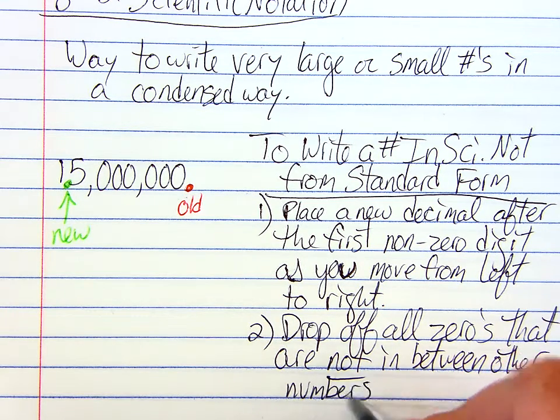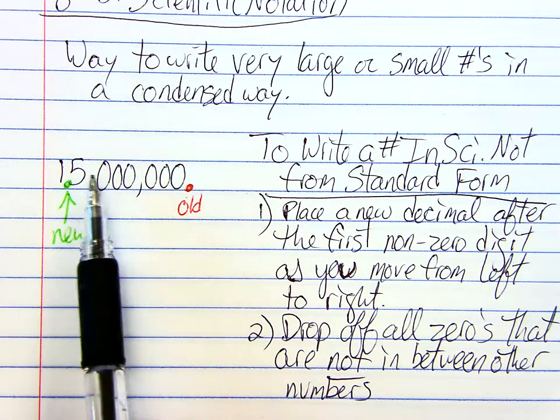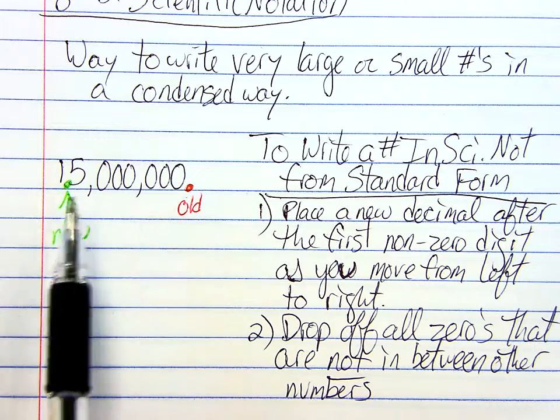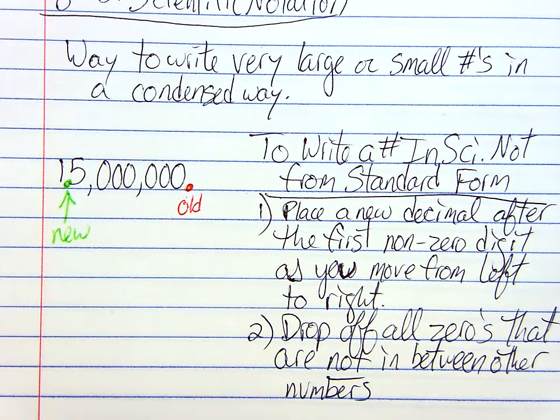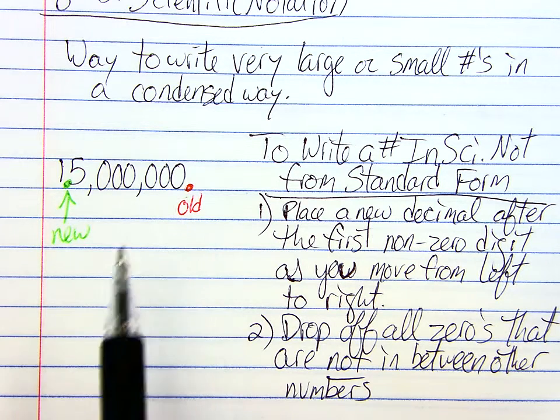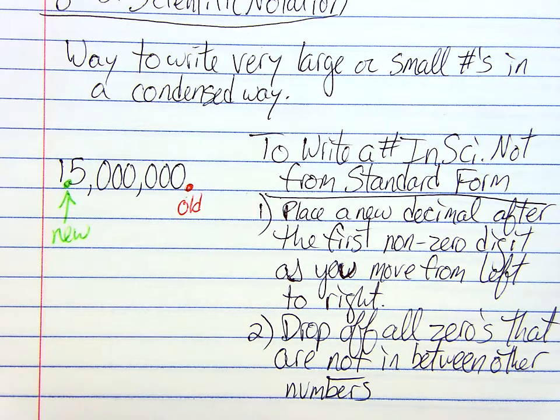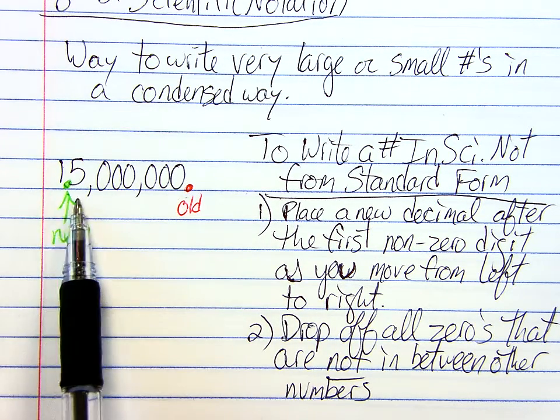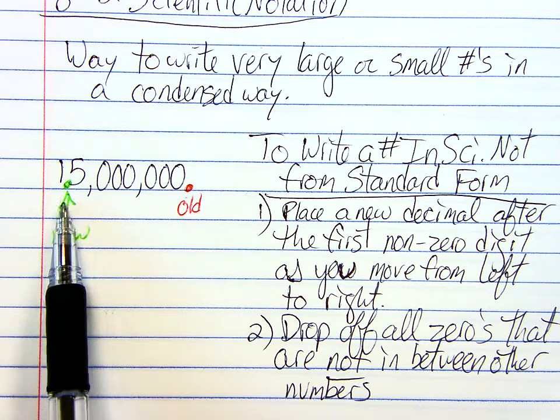In this case, all of these zeros are going to drop off. If I had a number that had a 0 in between the 1 and the 5, I wouldn't drop that 0. So it depends on the number. In this case, all my zeros will be dropped. I'll do an example in a minute where we keep one that's in between other numbers. So if I drop all of those numbers off, I get a new number, in this case 1.5.